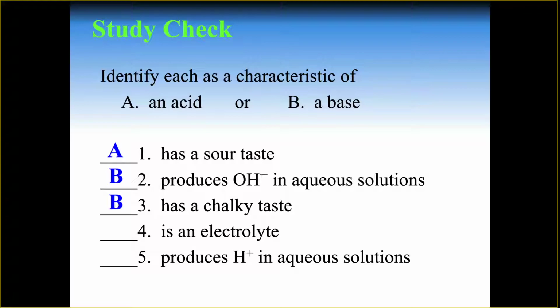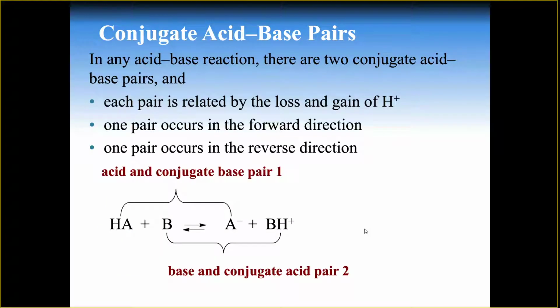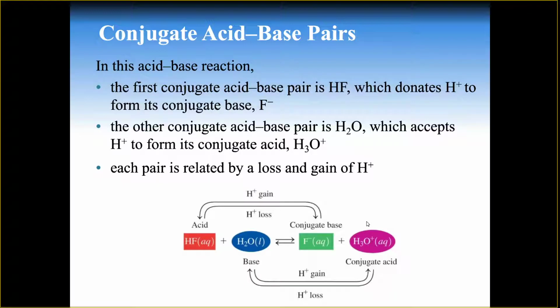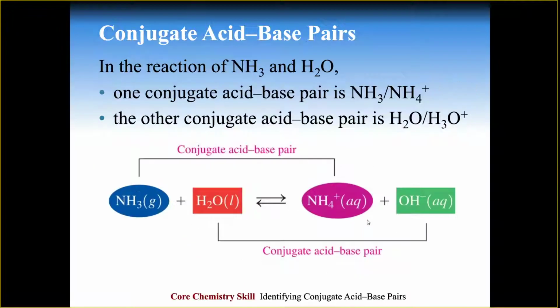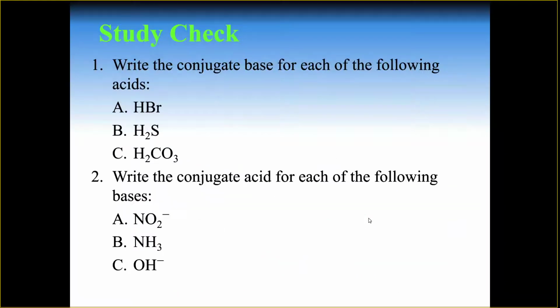So both an acid and a base are electrolytes. Produces hydrogen ions in aqueous solutions, that's an acid. And this goes back to the conjugate acid-base pairing, but I think the positive and negative charge is the best way to keep up with it.